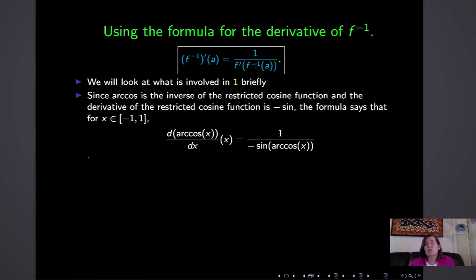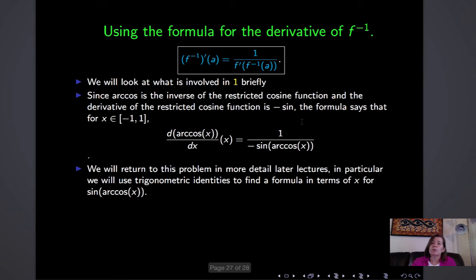Now remember, the restricted cosine function looks exactly the same as the cosine function on its domain, so its derivative is minus sine wherever it's defined. We're going to return to this problem in more detail in later lectures. In particular, we can use trig identities to find a formula in terms of x for sine of arc cosine of x. In the next video, we're going to look at lots of examples of applications of type 2.